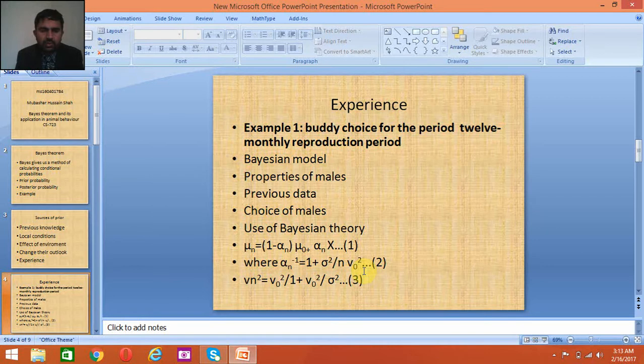Now, how to calculate: v n square is equal to v naught square over 1 plus v naught square over sigma square. That is the variance. Now, all the female members use this for the particular time. All that depends upon her past experience.